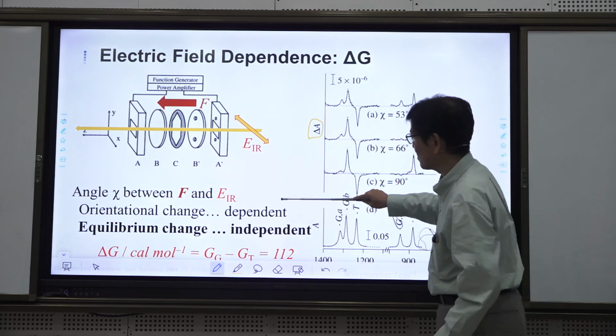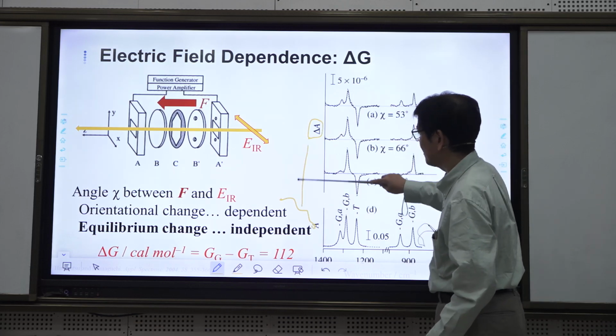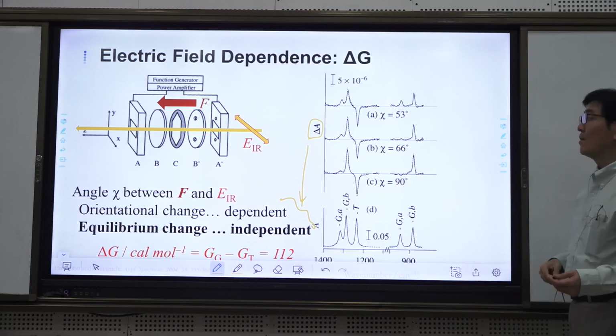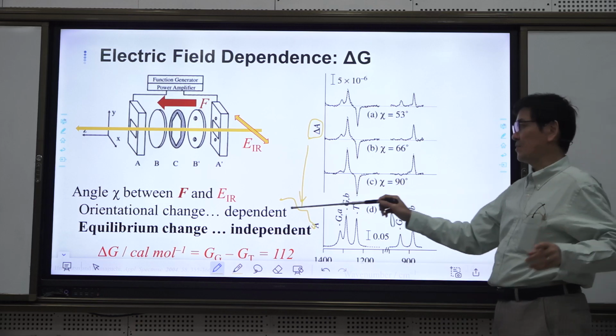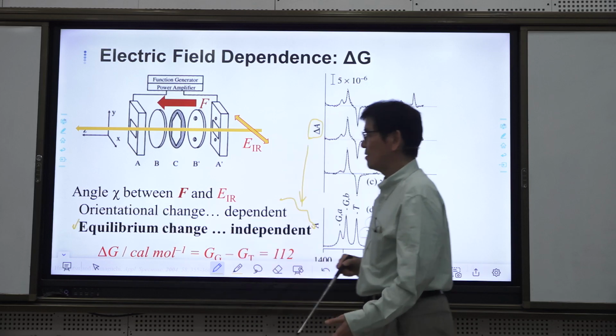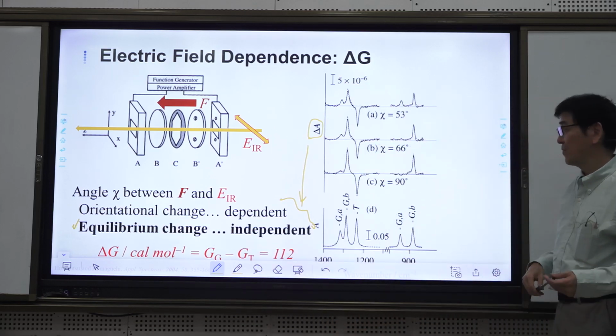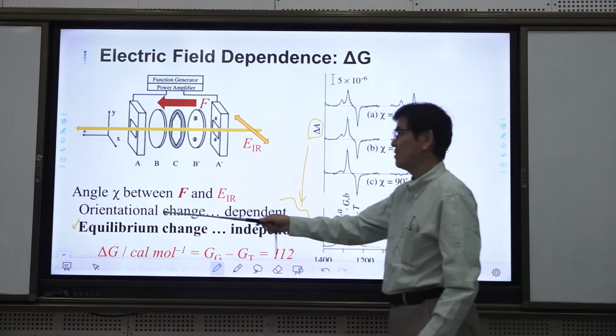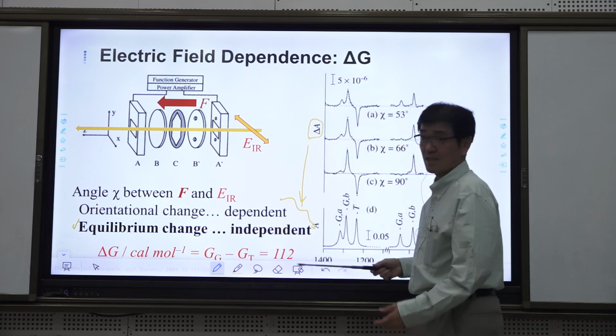Delta absorbance consists of two effects. We want to separate two groups, and I want to discuss only the change in population. How can we suppress the orientation change?